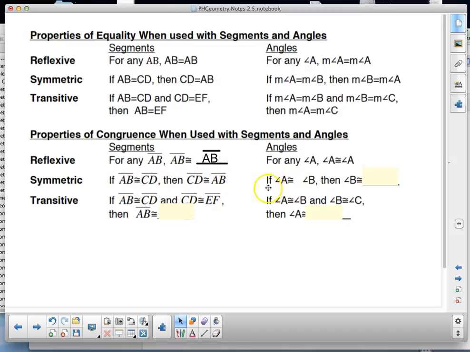Same idea over here: if angle A is congruent to angle B, then angle B is congruent to angle A. And transitive, same idea, I'm skipping that middleman, so segment AB is congruent to CD, CD is gone, you write it. Hopefully you wrote segment EF. Here, angle A is congruent to angle B, and angle B is congruent to angle C, so angle A must therefore be congruent to angle C.